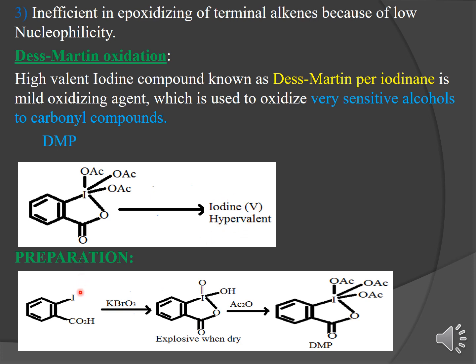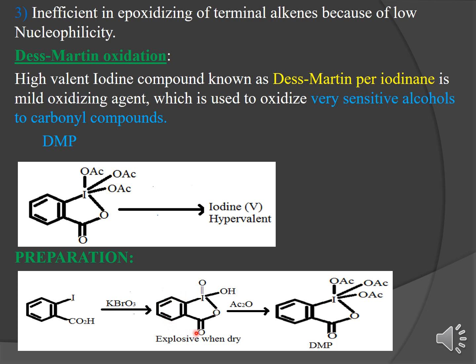Okay, and then moving on to the preparation part, how we synthesize this Dess-Martin periodinane: we take iodobenzoic acid and treat it with KBrO3, potassium bromate.